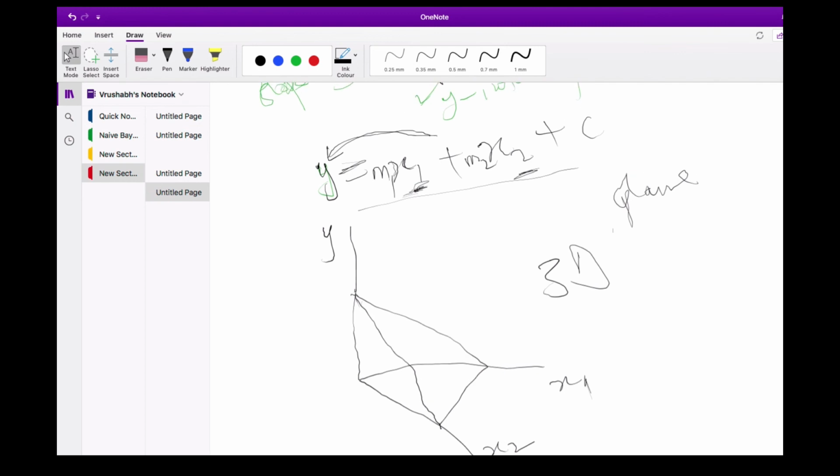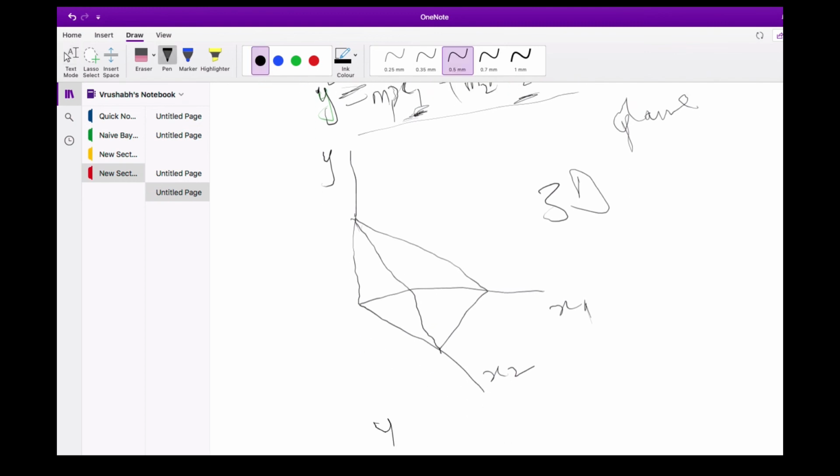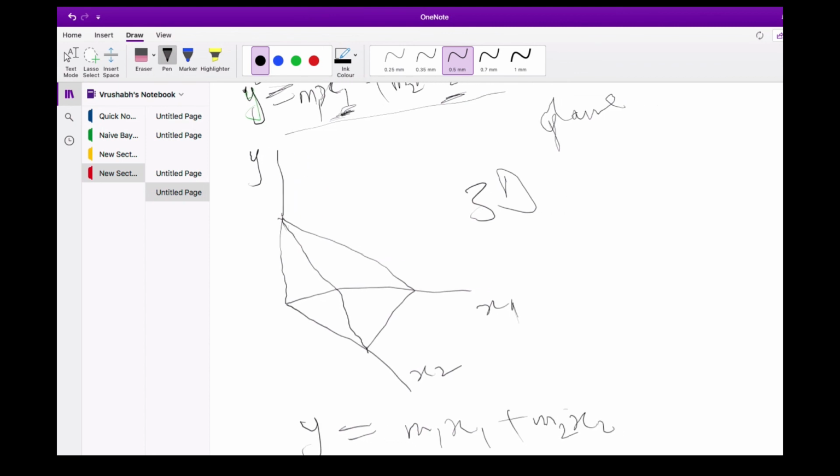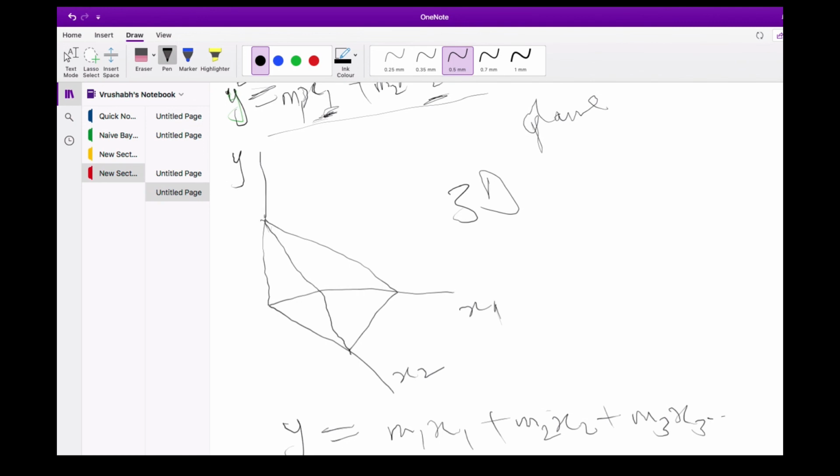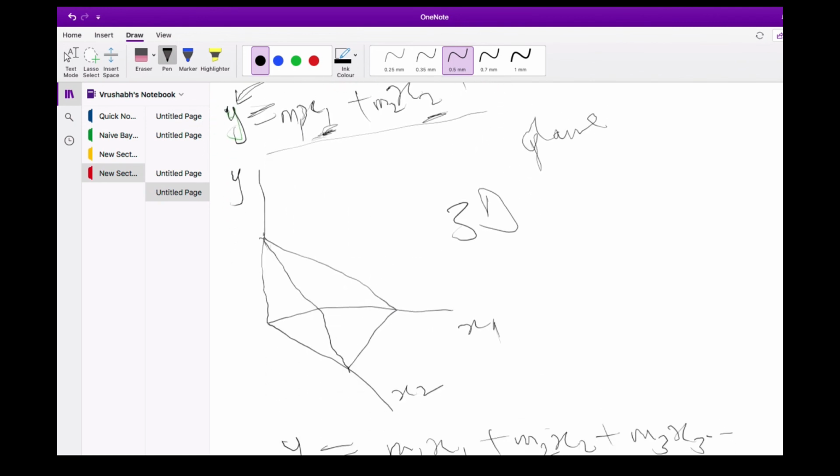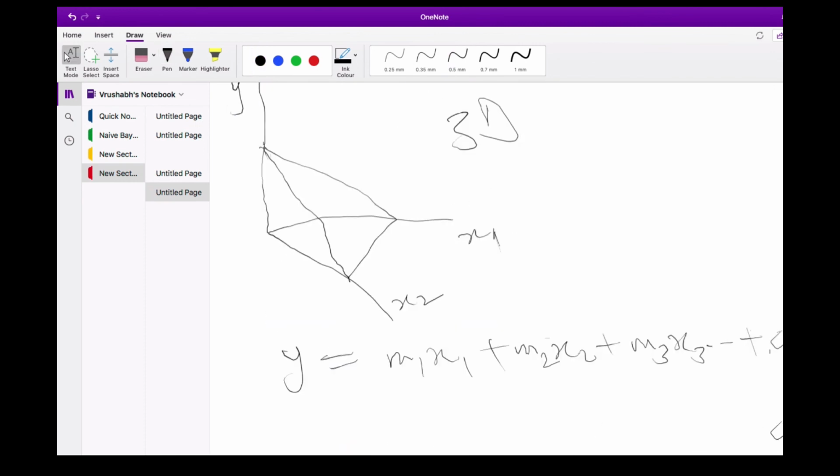And you can have more than this, maybe more than two variables, and then you have maybe m1 x1 plus m2 x2 plus maybe m3 x3, all the way up. Don't forget that you have your c, so finally plus your c.